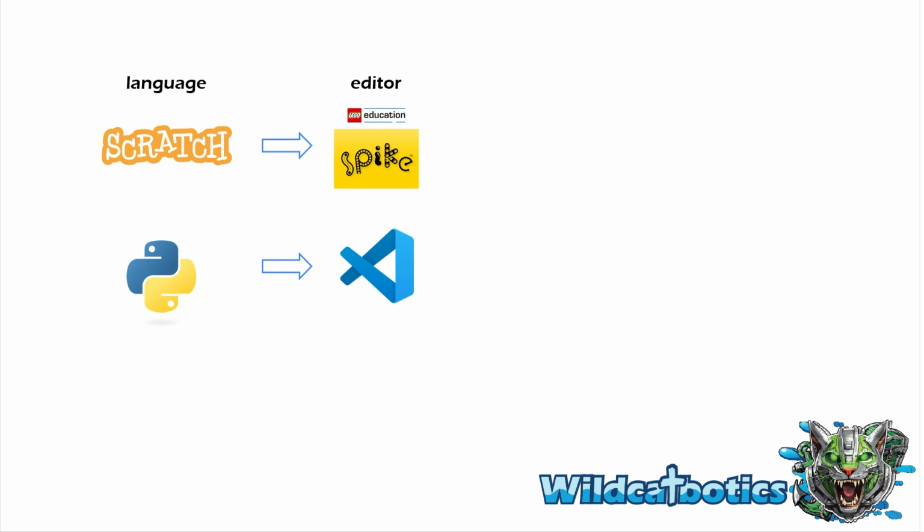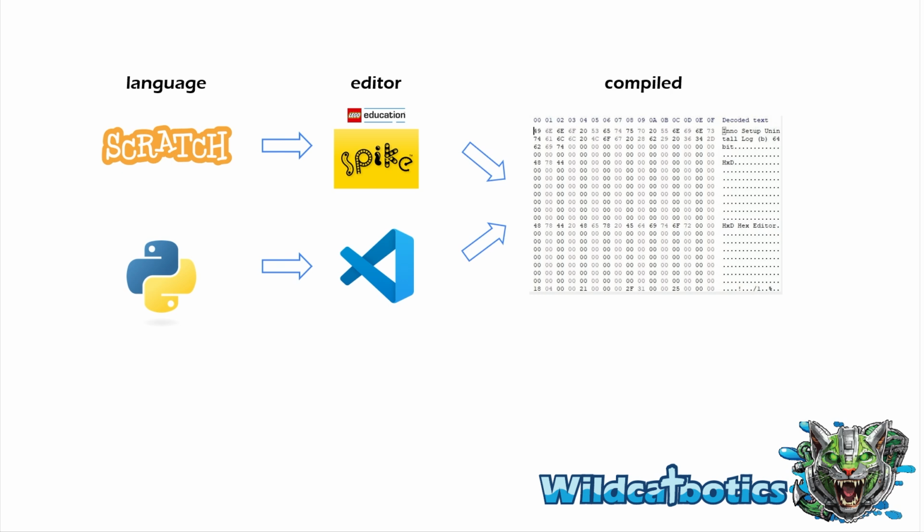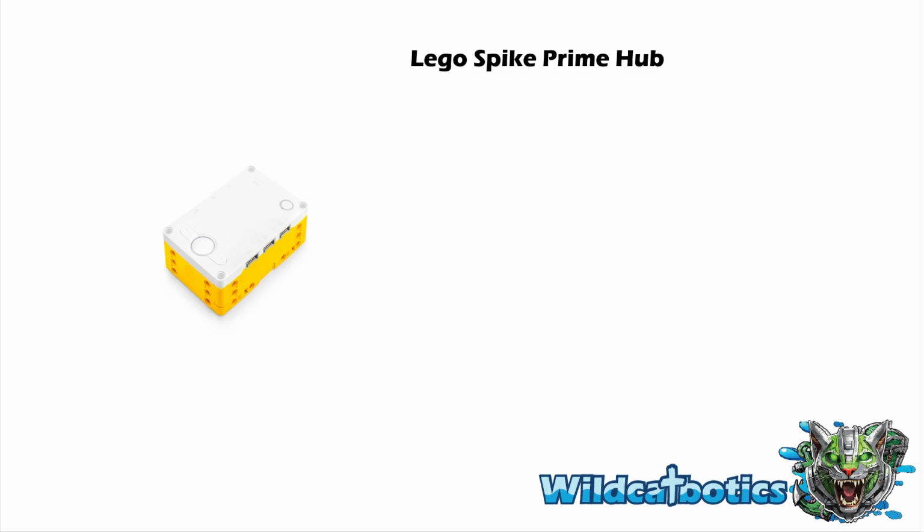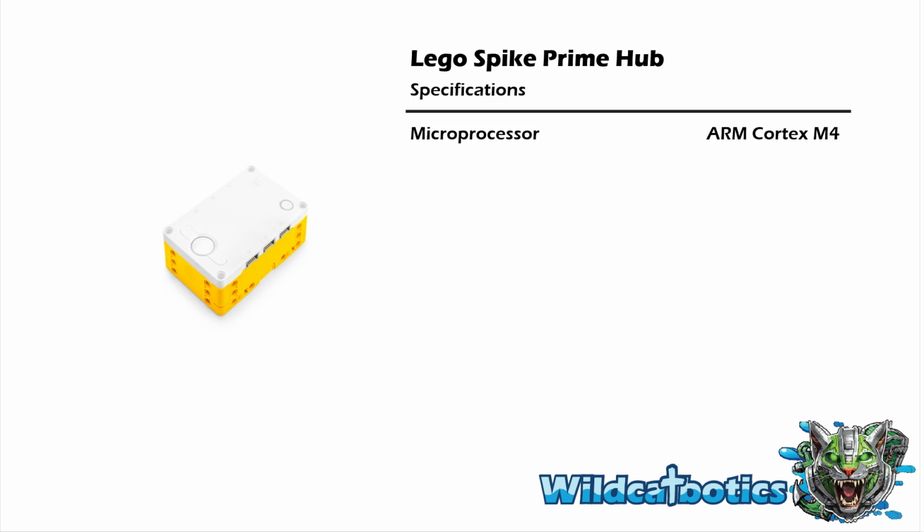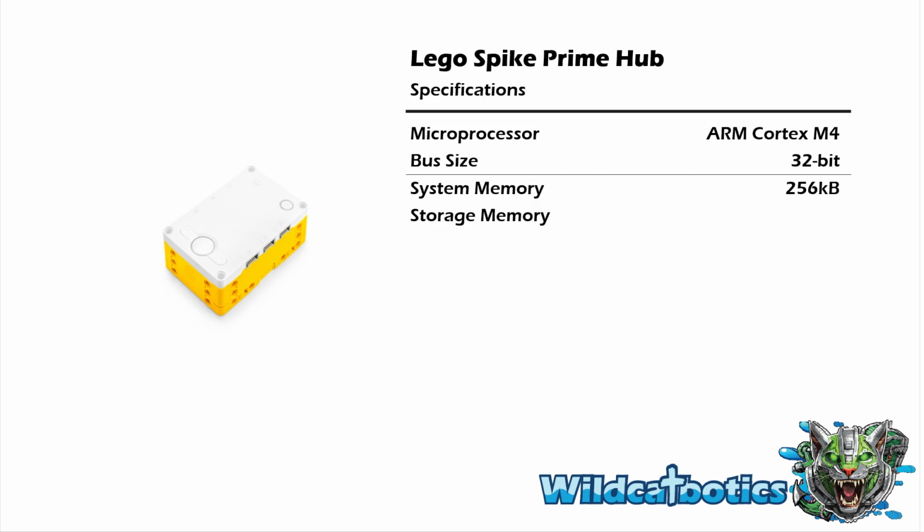Before the program can run, it needs to be compiled, which is to say converted into machine language, but that is usually done automatically by the editor these days. Machine language is the final language that the computer actually runs, and it is written in hexadecimal, or base 16, where the numbers count from 0 to F. And last but not least, the LEGO Spike Prime Hub is an ARM Cortex M4 32-bit microcontroller with 256 kilobytes of RAM and 1 megabyte of flash storage for programs.